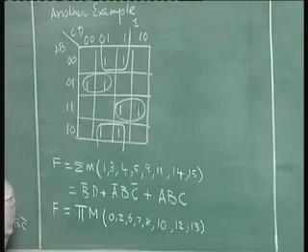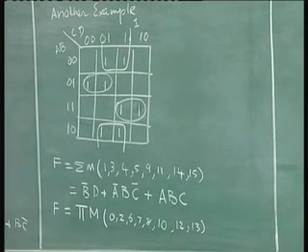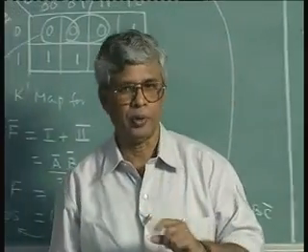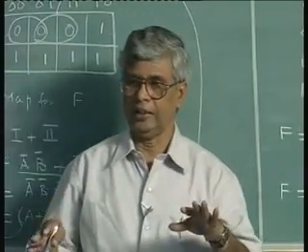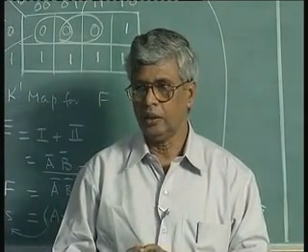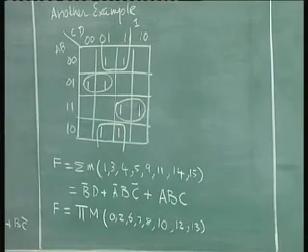If you had a specific reason to go for product of sum because you wanted to fit AND gates into OR gates, I will have to do it sum of products. And if I want to have OR gates fit into AND gates, I should go for product of sums. But if you are not given a constraint like that, in this case there are 8 ones and 8 zeros, I can go either way, right?